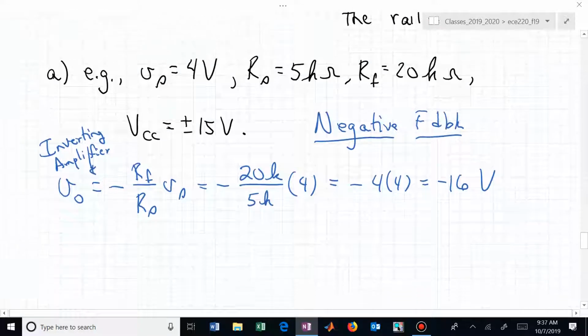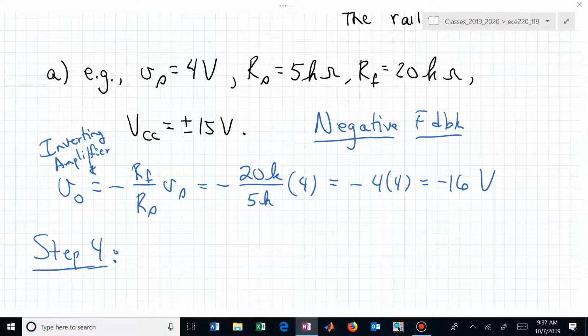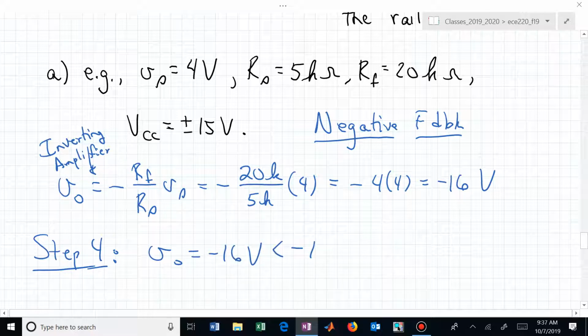But we can't forget step 4, especially on the exam. This is how you could get tripped up on these multiple choice, right? You could say, oh, there's an answer. It's minus 16, and it's one of the ones. Is that actually what we will see out of this circuit? No, because that's beyond our supply voltage rails. We know that V sub 0 being minus 16 volts is less than minus 15 volts.